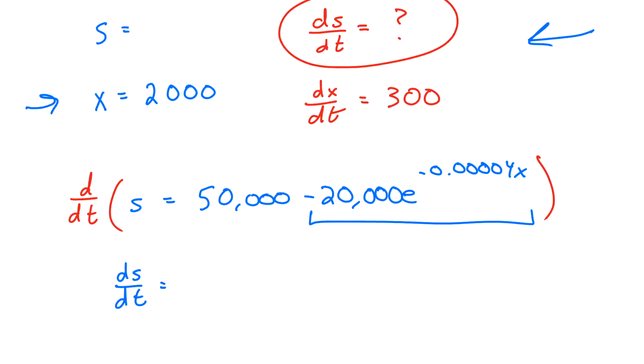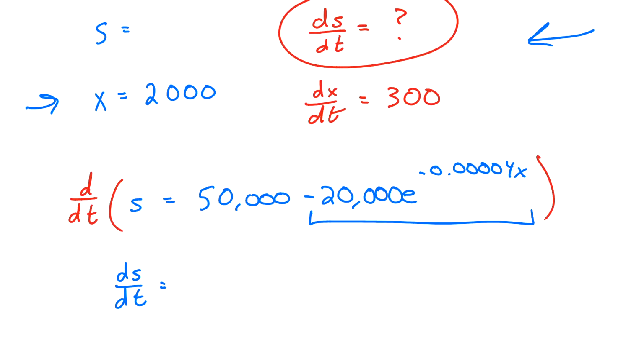We've got negative 20,000 times e to the negative 0.00004x power. Here we actually have a chain rule. Remember, for the chain rule, when we're dealing with exponentials, e to some function of x in this case, we're just going to multiply that exponential function by the derivative of our power.